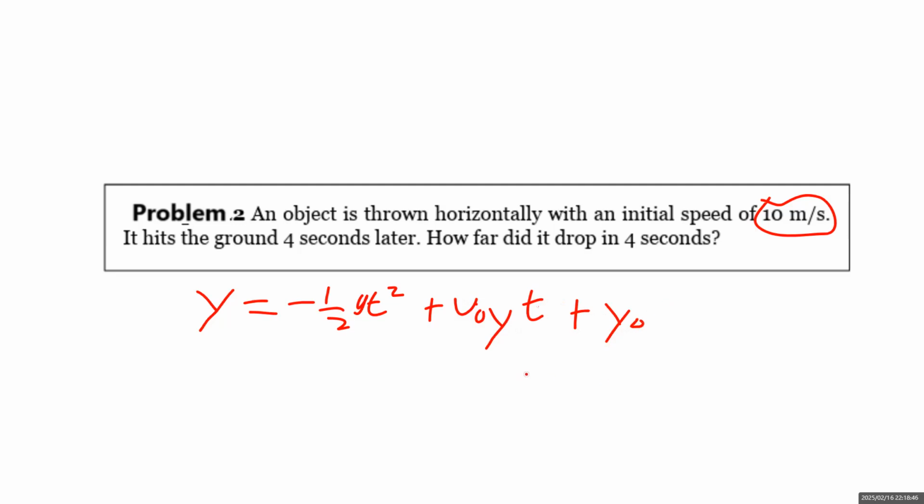Now, since it's thrown horizontally, what is v naught y? It's 0. The angle is 0, so if you write v naught y as v naught sine theta, it is 0. This term goes away.